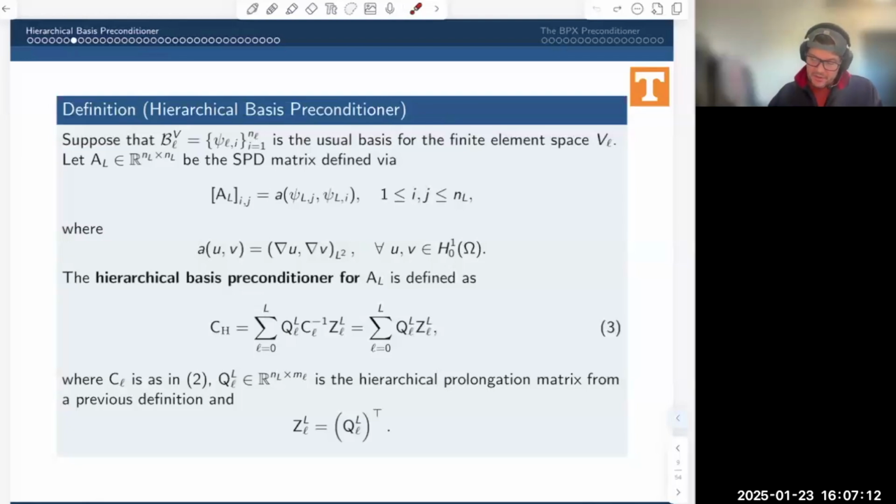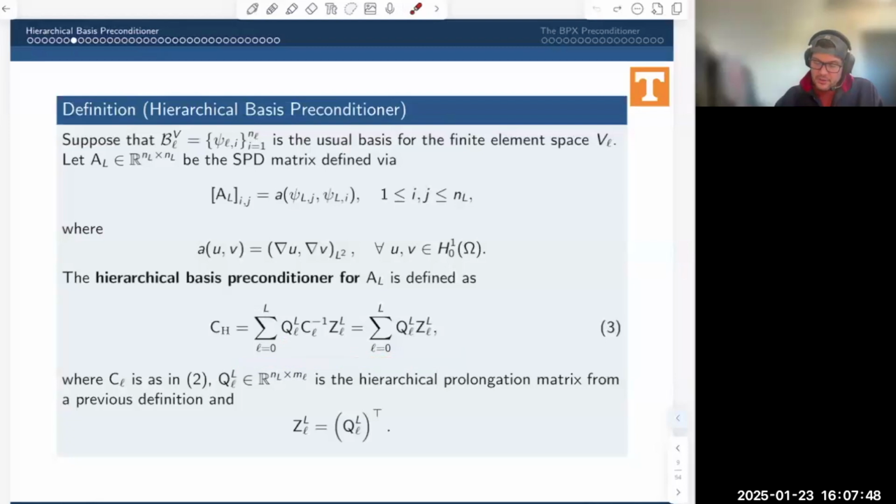Remember, this depended upon these prolongation matrices Q_L, Q_L super L, which took these elements from our spaces W and pushed them all the way up to the space V_L, which is the space of finite element solutions on the finest possible grid. And we use those to construct this thing called the hierarchical basis preconditioner.